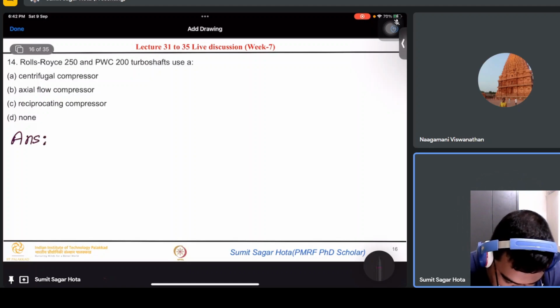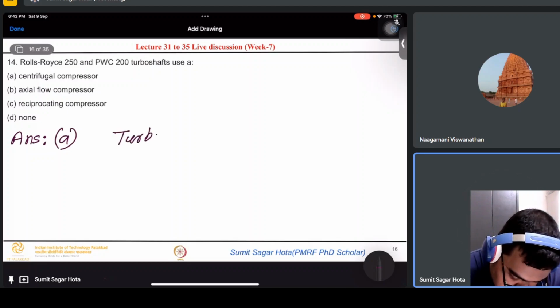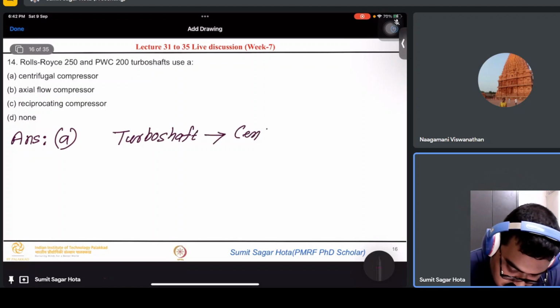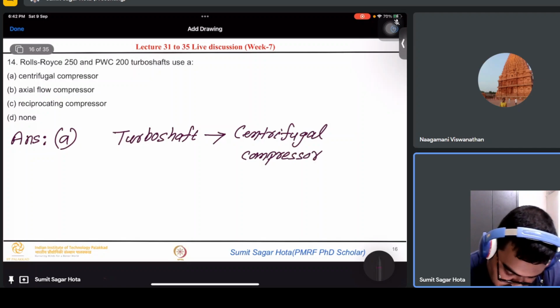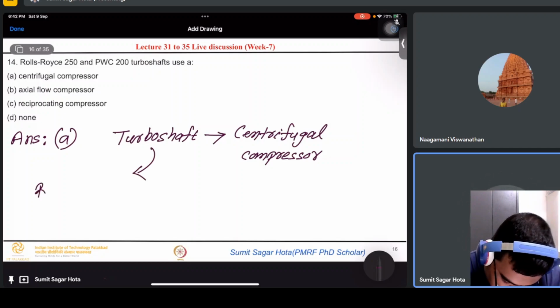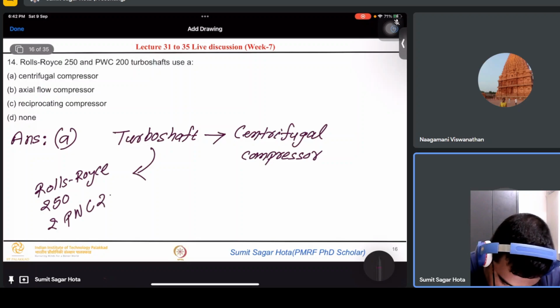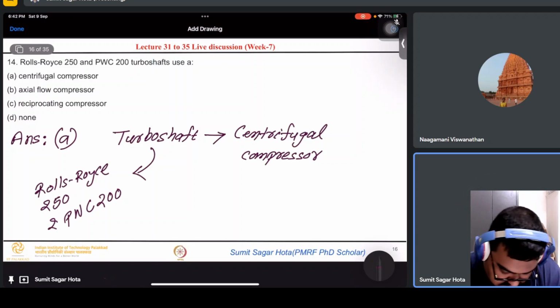So the answer is A. Turbo shaft, centrifugal compressor, and the rest in the question is just Rolls-Royce 250 and PWC 200. Answer is A. Next question.